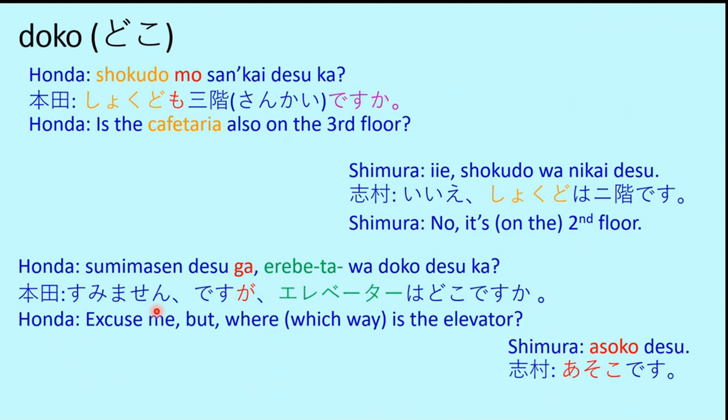That's why asoko has been used here and not koko or soko. The entire sentence need not be said, just the phrase asoko desu, that is over there.